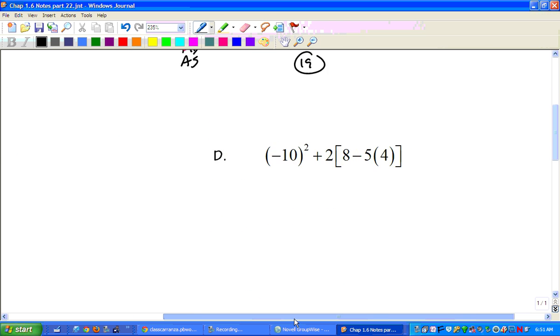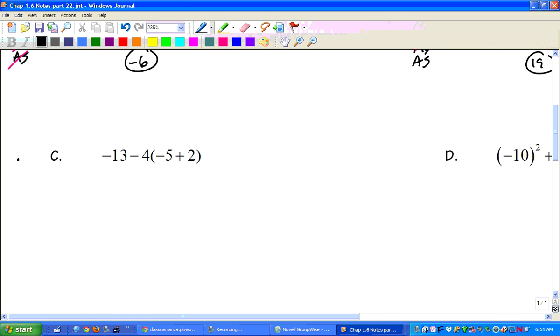All right, let's move on to the next one. Writing down the order of operations. I'm going to do the click, click right there real quick. We're going to go inside the parentheses. Everything else stays the same. Negative 5 plus 2 gives you negative 3.